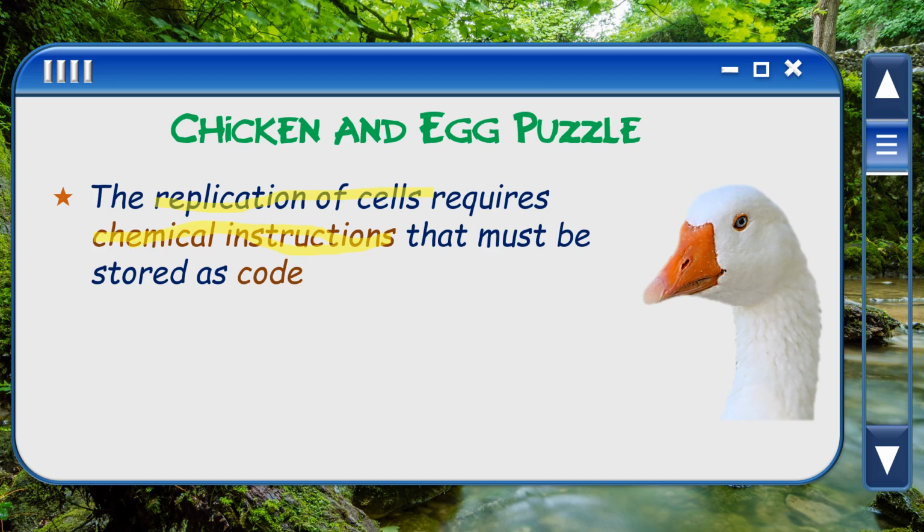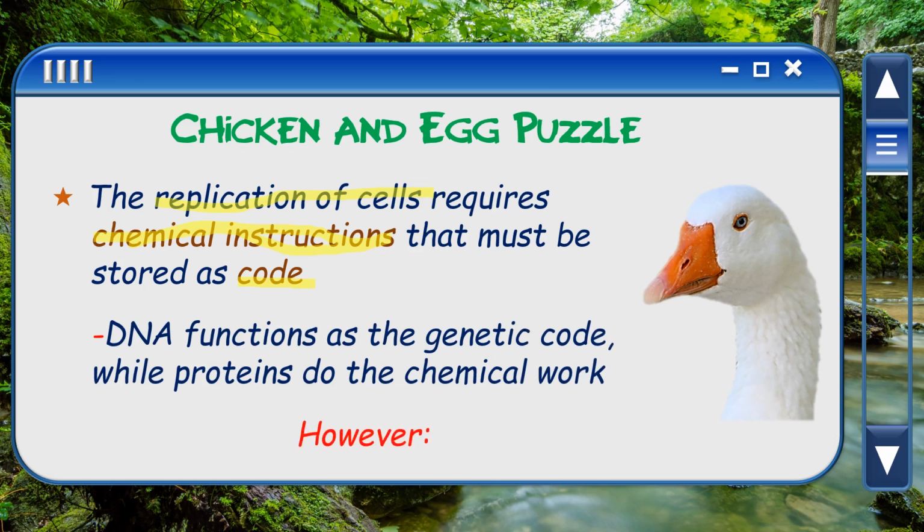And that instruction is always stored in what we call a code. The chemical instruction is needed to instruct the cell to replicate or to make other cells. Now, the DNA is the one that functions as the genetic code. It has the chemical instruction which is required by the cells to produce other cells.